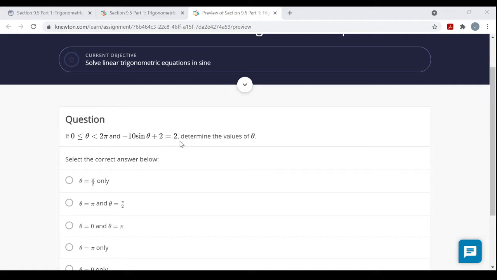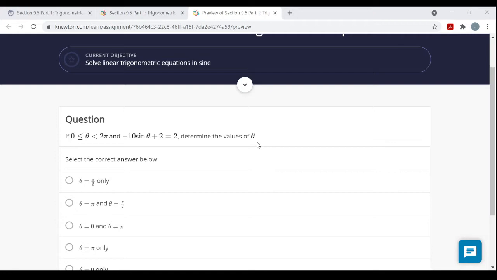And then we have this linear trigonometric equation in sine. Again, notice it's linear because it's got a number times sine to the first power plus some other number equals some other number. It's just like ax plus b equals c with polynomials, but instead of the variable being x, the variable is theta, and you have the sine of theta.